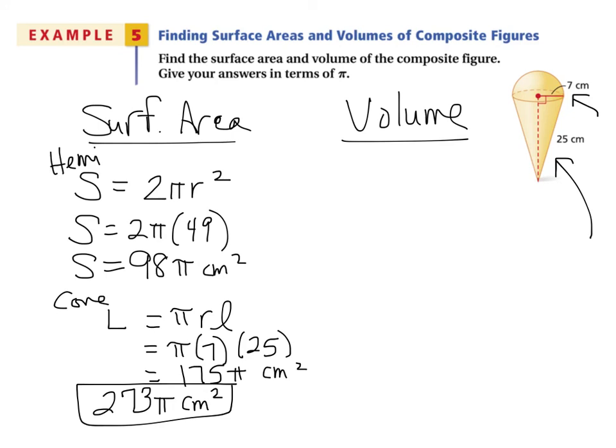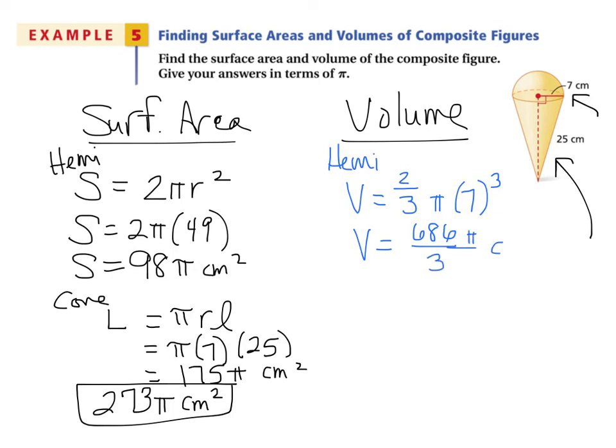Now for the volume. For the hemisphere, the volume is going to be 2/3 pi r cubed. So we can just plug in 7 cubed. So the volume is going to be 686 pi divided by 3 cubic centimeters. For our cone, it's going to be 1/3 pi r squared multiplied by height.